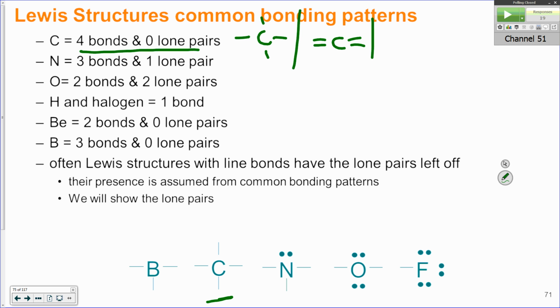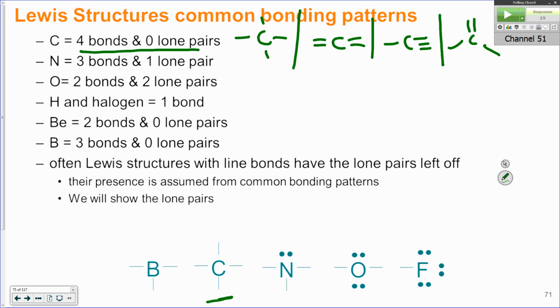We could also have a single bond and a triple bond. Can you think of another one? Two singles and a double. So those are the 4 possible ways that we'll find carbon in nature.